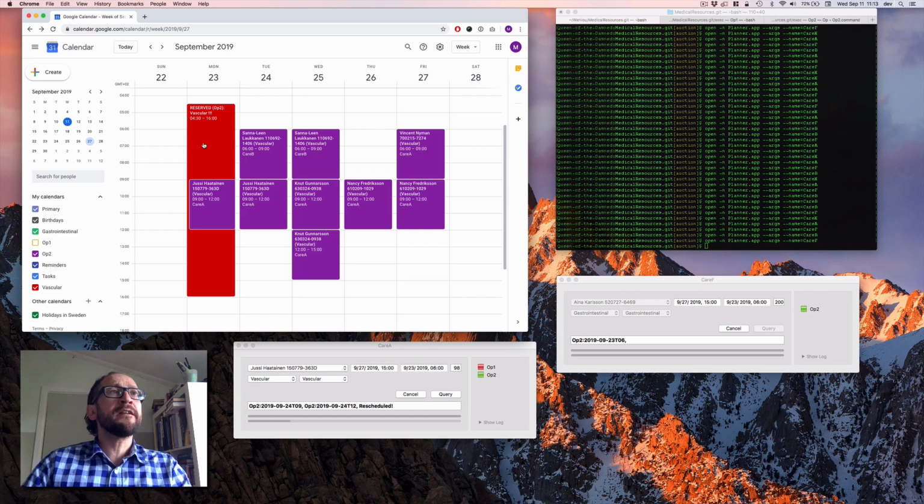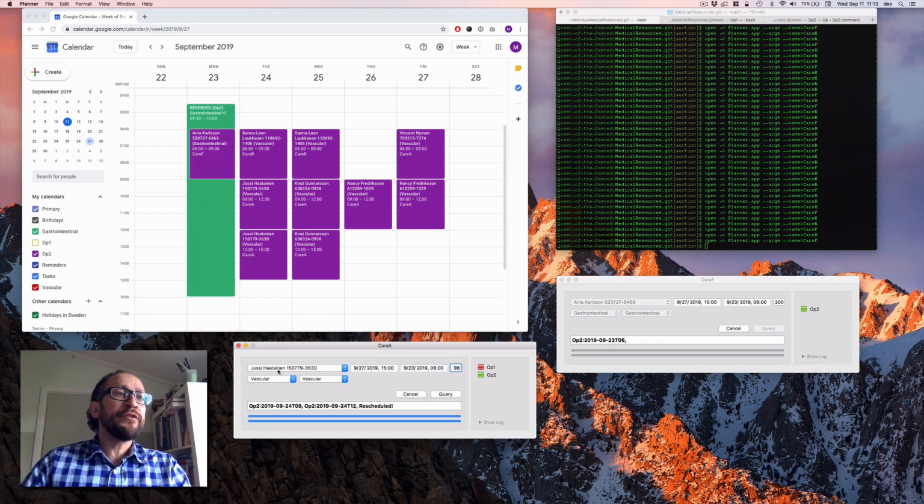This means that Op2 has to then ask Care Planner A if it's okay to move Jussi Haitanen and reschedule his operation to the 24th so that Einar Karlsson can get her spot at 6 AM on the 23rd in the morning. And you can see here that this has indeed happened. So now we have a green block here to show that the 23rd is for gastrointestinal surgeries, and Einar Karlsson has indeed taken the 6 AM block on Monday morning.